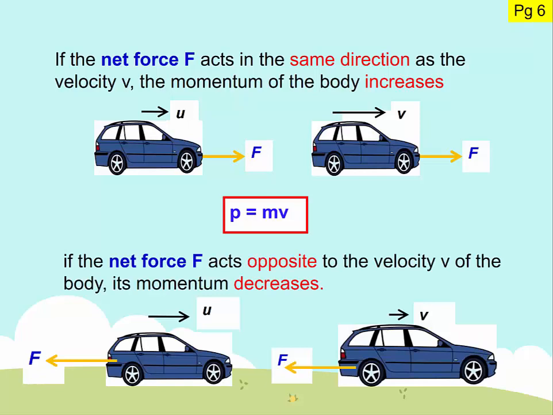Now, if the net force acts in the opposite direction to the velocity v, the car is moving forward but there's a backward force, maybe when you're braking. So the velocity should decrease. Therefore, the momentum should decrease. This is a deceleration.